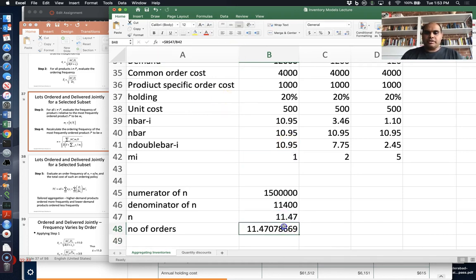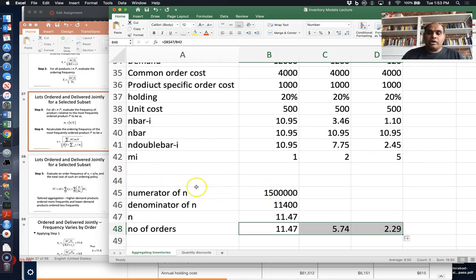So you'll be ordering this 11.47 times in a year, the most commonly ordered item. You'll be ordering this 5.74 times a year, and you'll be ordering this 2.29 times a year. You'll order this every other time you order this, and you'll order this every 5 times you place an order for this. And that's essentially what you do.